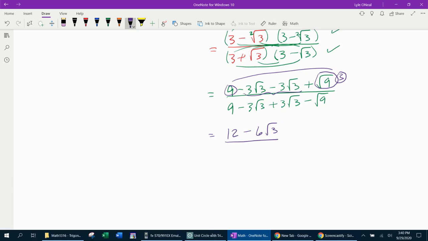In the denominator, I've got a plus 3 square root of 3 and a minus 3 square root of 3. Those cancel. The square root of 9 is 3, and then I'm going to do 9 minus 3, which is 6. And then I'm going to factor a 6 out of the numerator.